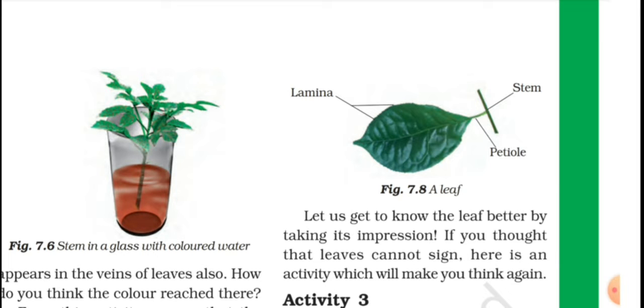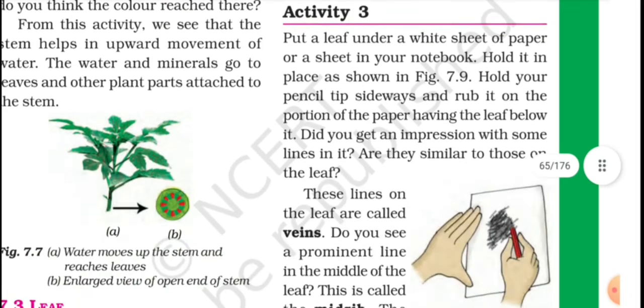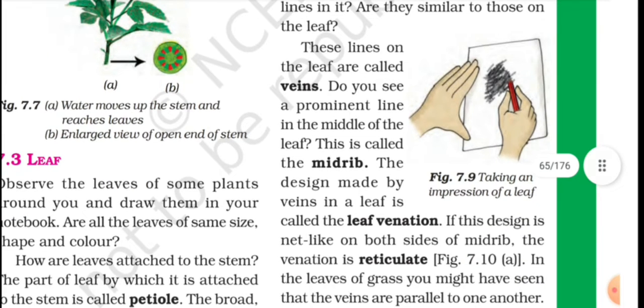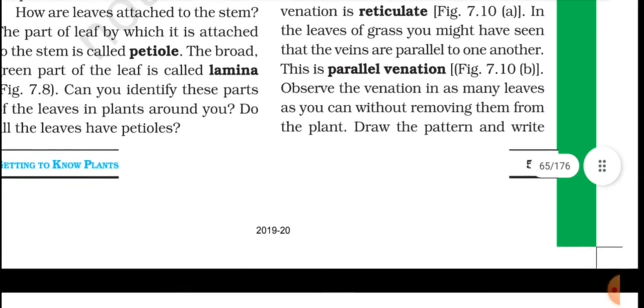And these small lines, these are called venation. This is also of two types. One is reticulate venation, another is parallel venation. So leaf के क्या क्या पार्ट्स हो गए? लीफ के पार्ट हो गए पेटियोल, लेमिना, वेन्स, मिड-रिब. वेन में भी दो हो गया, रेटिकुलेट वेनेशन, पैरेलल वेनेशन.